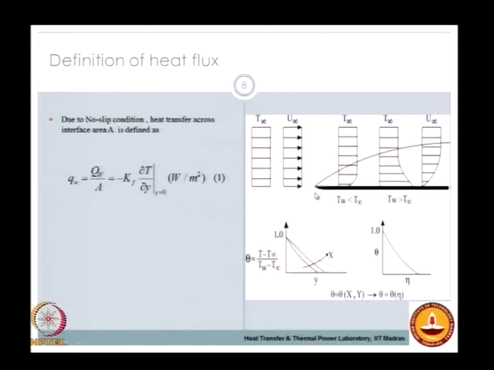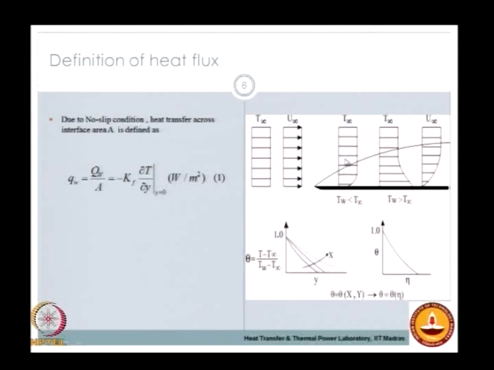So if you consider flow past a flat plate here, assume that you have a free stream velocity u infinity and a free stream temperature T infinity approaching the plate, and once the flow encounters this plate, you will find a growth of what is called a boundary layer, which is gradually growing in thickness as it goes downstream, and therefore accordingly you will have a development of the velocity and the temperature profiles gradually.